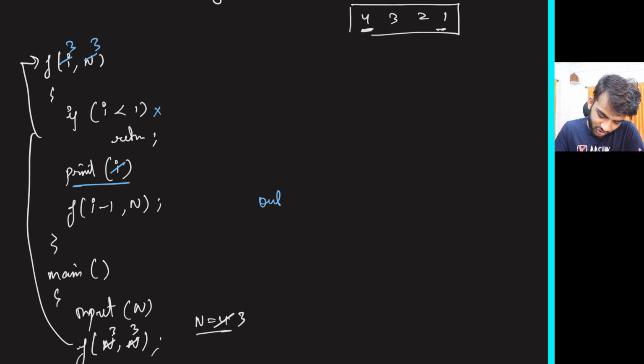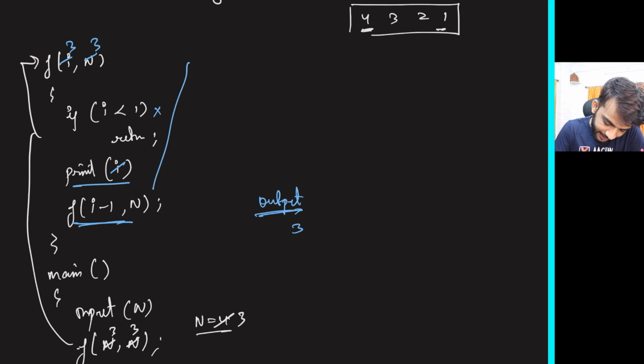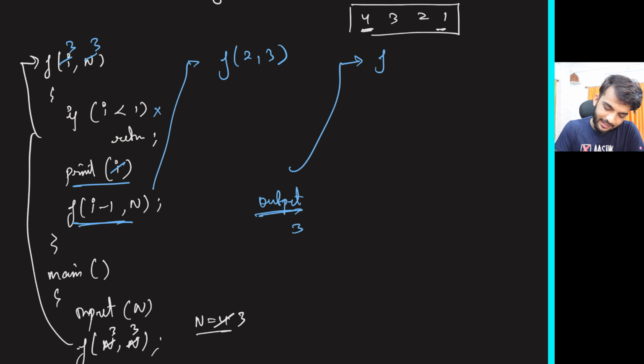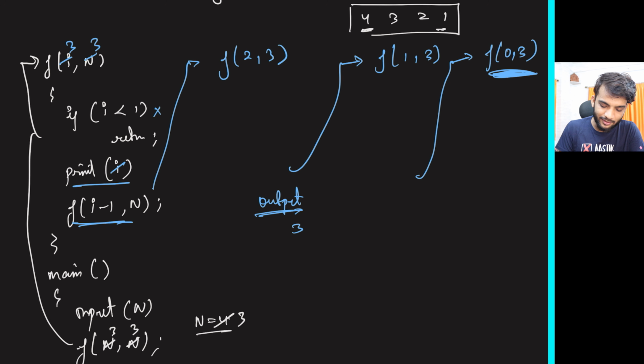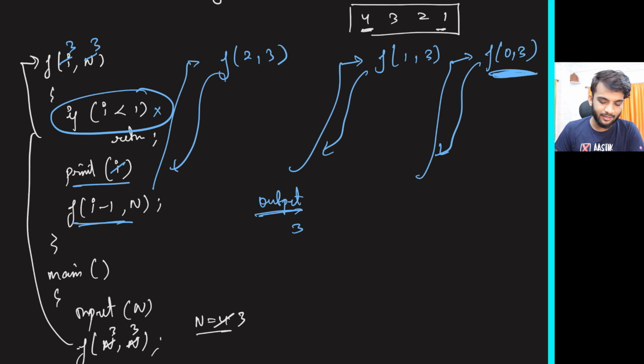So the output screen will definitely have something like 3, and then you call it as f of 2 comma 3, and again you will call it as f of 1 comma 3, and at the end you'll call it f of 0 comma 3, and this will be executed, and you'll come back, and come back. So automatically you print 3, 2, 1, as simple as that.